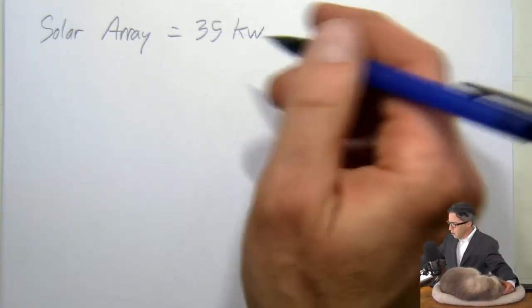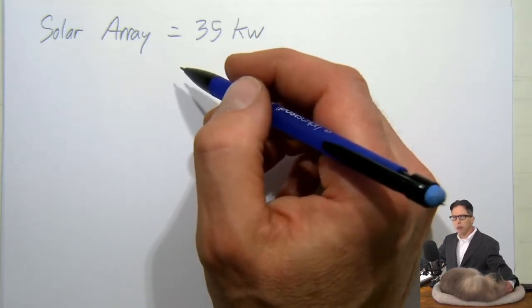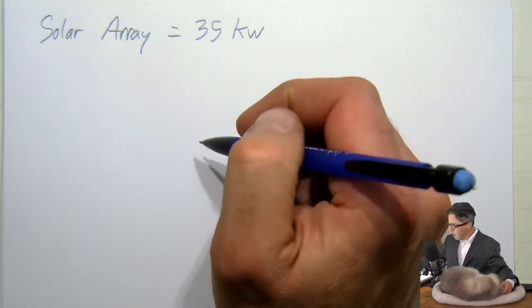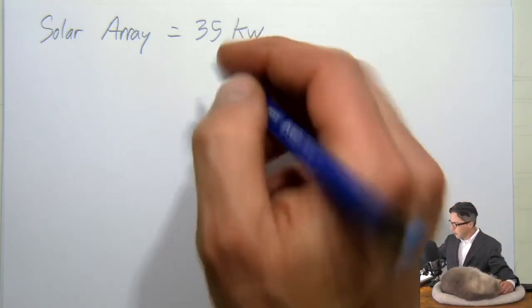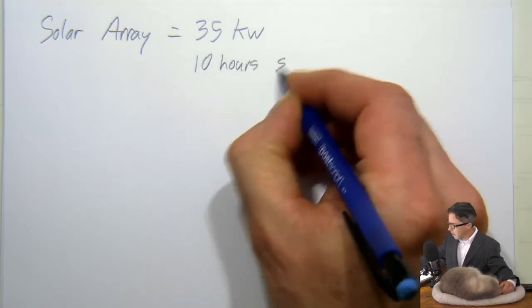We'll do another version of this type of problem. Now let's say I've got a big solar array on a roof, say at UNM, and it's rated at 35 kilowatts. And let's say the building is situated so it gets 10 hours of sunlight a day.